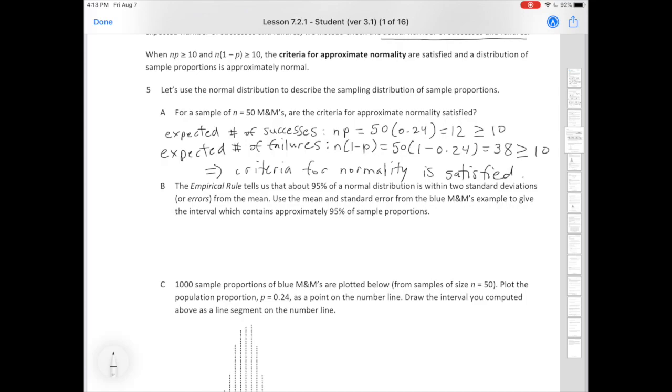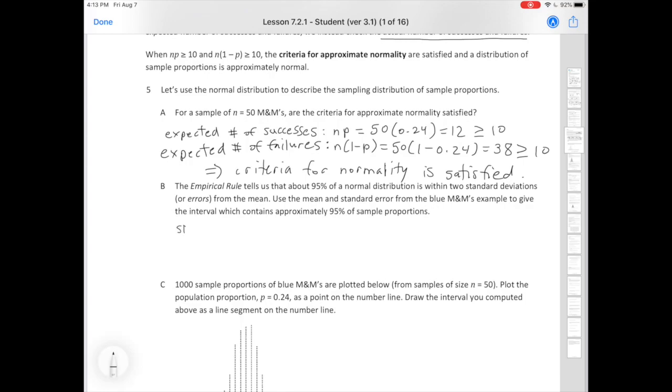So if we calculate 2 standard deviations away from the mean in both directions, remember this means that 95% of the time that's going to contain the real answer. So let's go ahead and figure that out. What would 2 standard deviations equal?